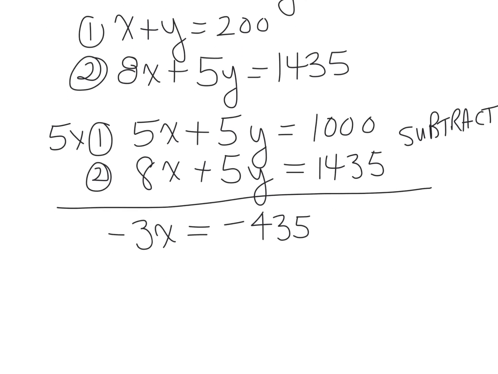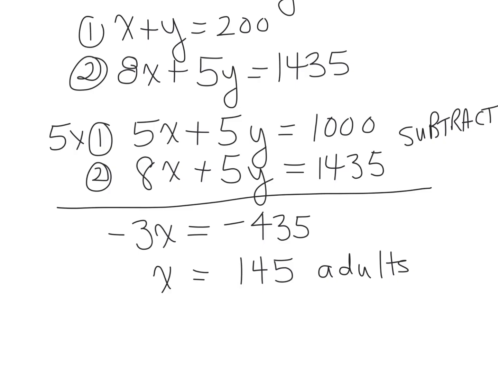If I divide both sides by minus 3, I will have x on the left side, and 145 on the right. And remember, x represents the number of adults in the theater, in the 200-seat theater.